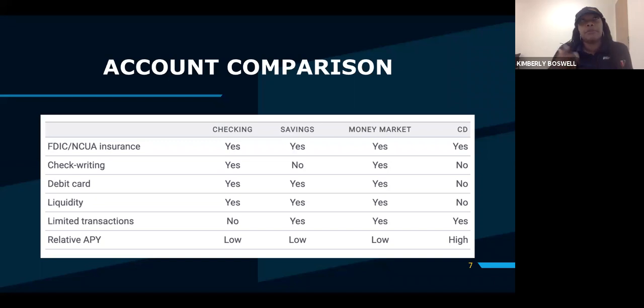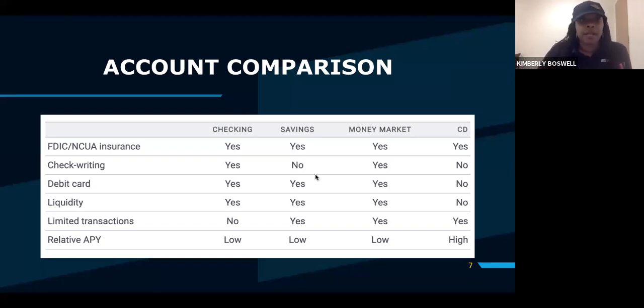Also, I believe the banking system is under a different umbrella from the investment system, and the CD goes towards financial instruments, I believe. And that's why you get a higher rate of return. But again, there is a longer and more strict lock-in period for that.